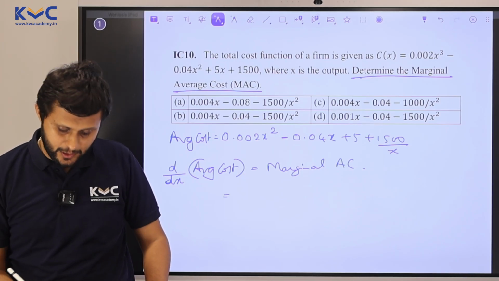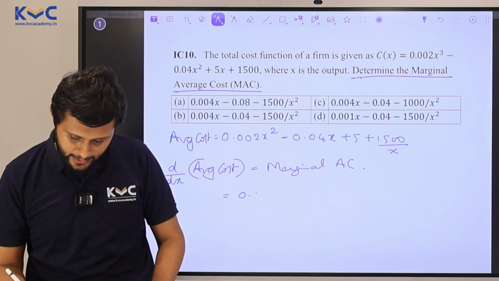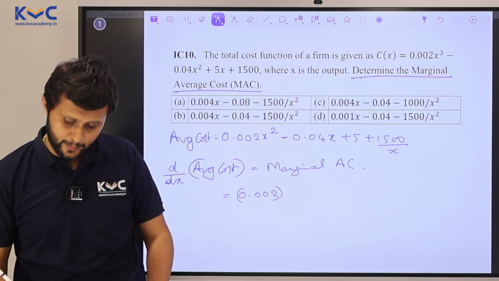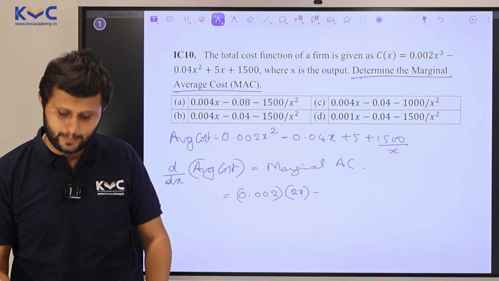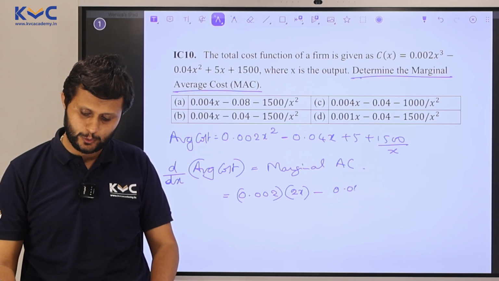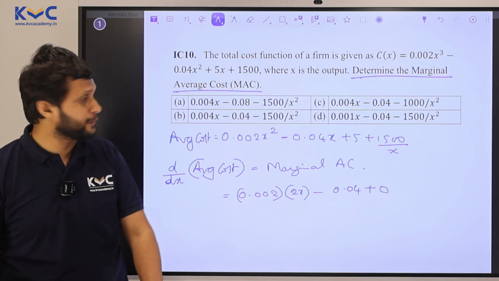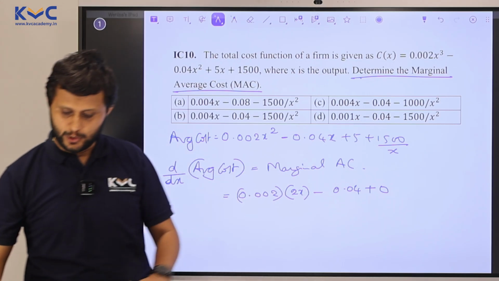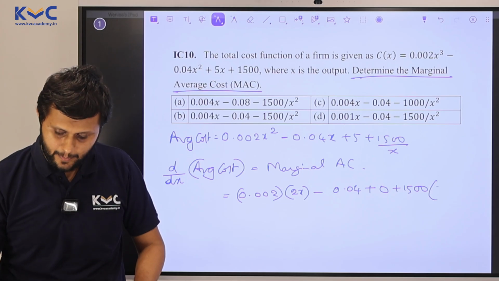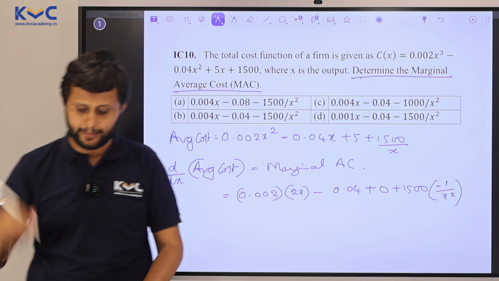We keep the constant outside: 0.002 into differentiation of x square is 2x, minus differentiation of 0.04x is 0.04, and differentiation of 5 is 0. Differentiation of 1500 by x, we keep 1500 outside. Differentiation of 1 by x is minus 1 by x square.